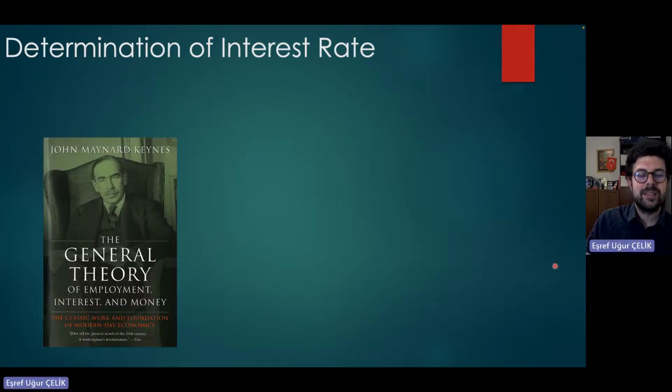We can look at the various interest rates, but how can we determine the interest rate in the money market? Again, we can come to John Maynard Keynes. You can see his book, The General Theory of Employment, Interest and Money.